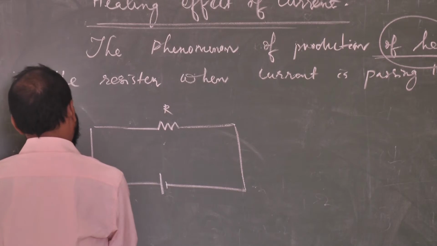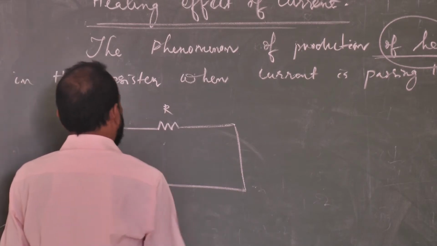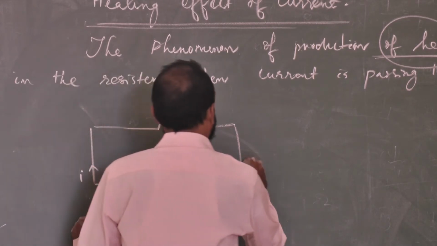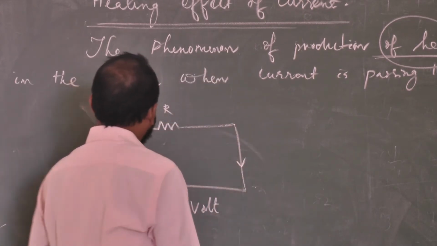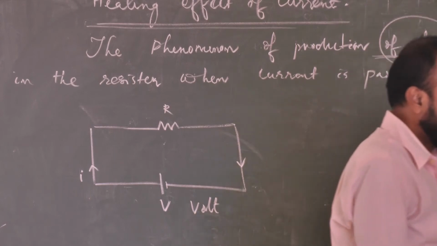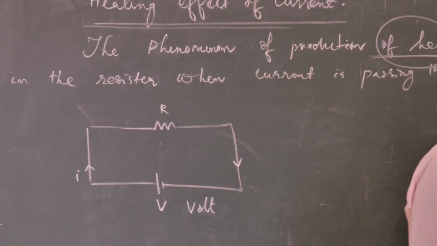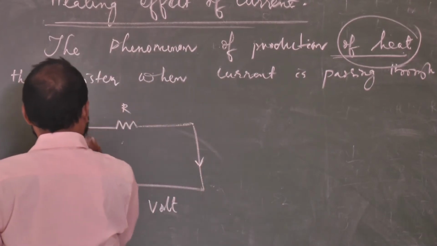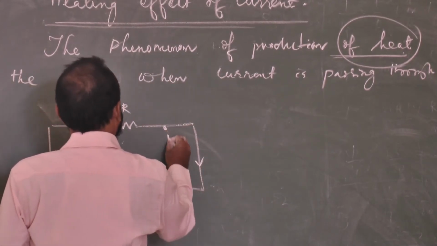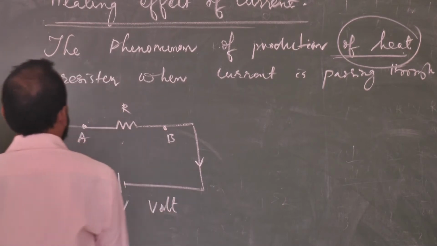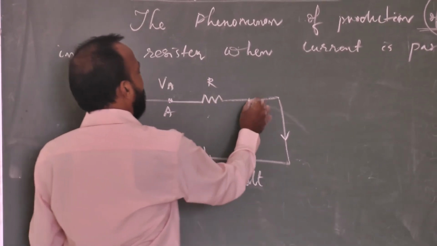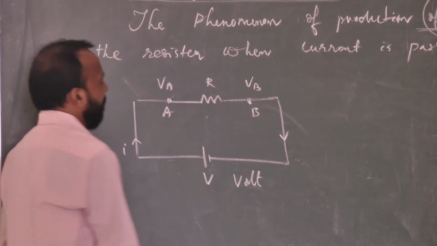I amount of current is passing through this, V potential difference is there, V volt. I current is passing through, R ohm the resistor is there, and conductor AB, terminal A, terminal B, then resistance R is there. At this terminal potential will be VA. At this terminal potential will be VB, right.